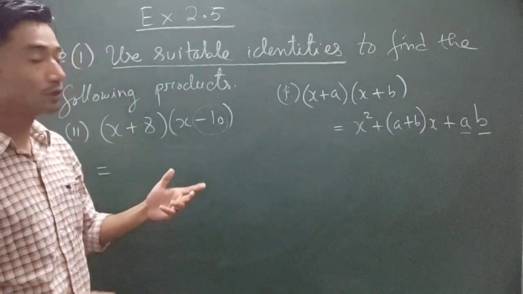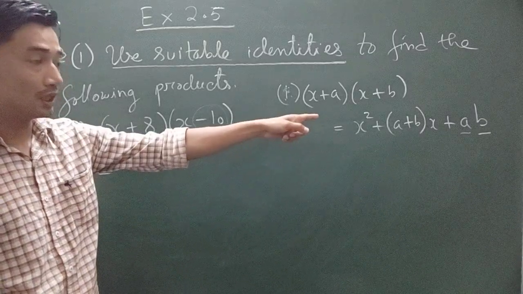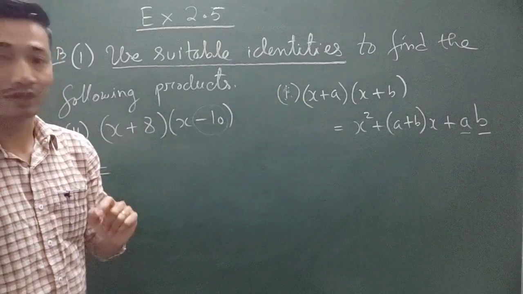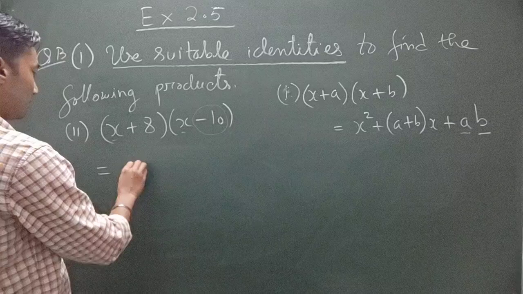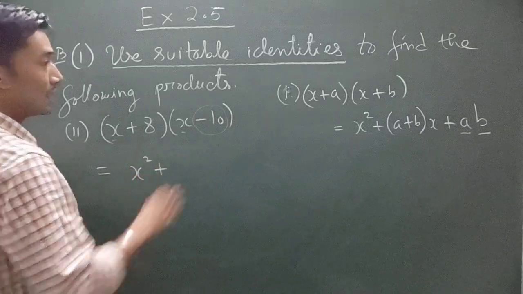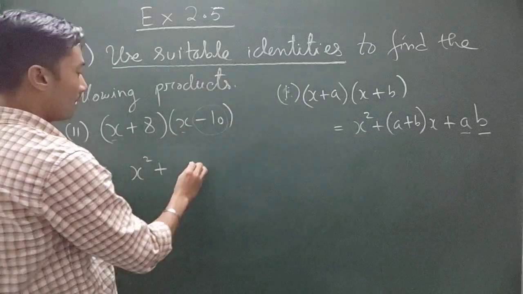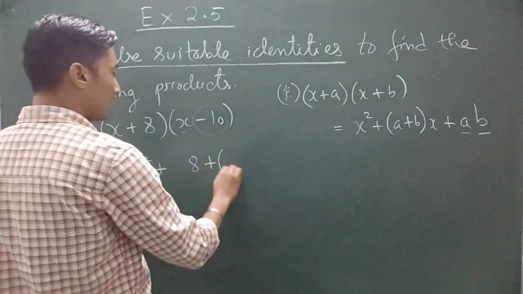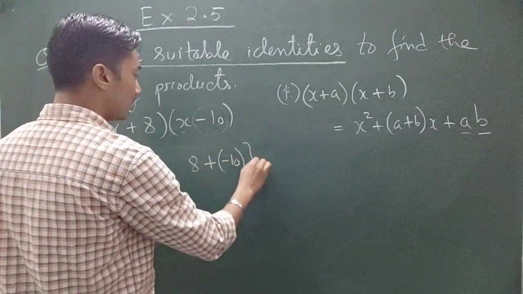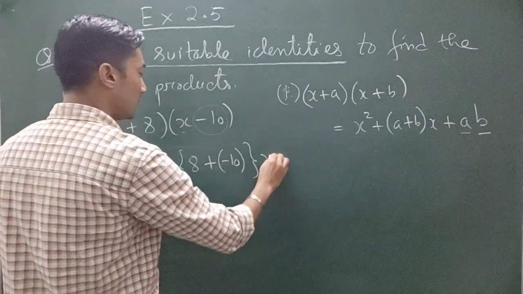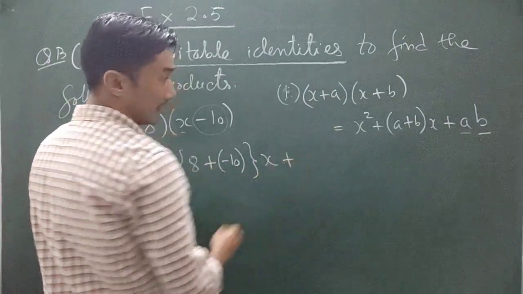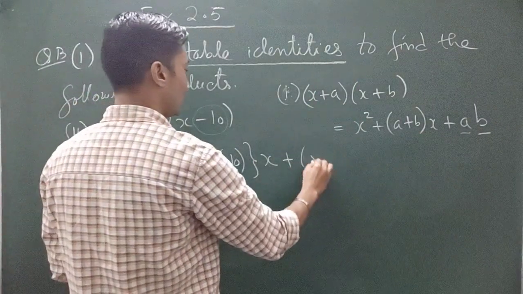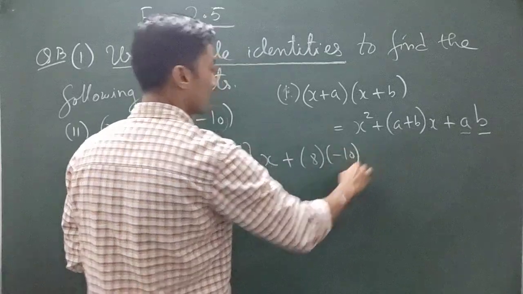But as I say, no problem. We'll just denote that sign change in the formula. x is the same. It's going to be x squared plus a plus b. Look here. The value of a is 8 plus the value of b is how much? Minus 10. So I will be using the second bracket to make it look better, into x plus a into b. The a value is 8 and b is minus 10.